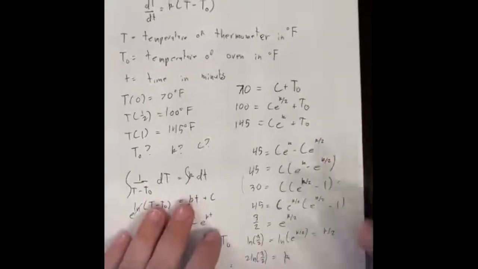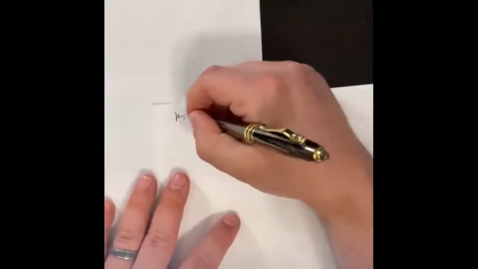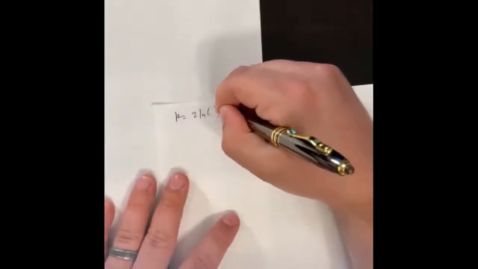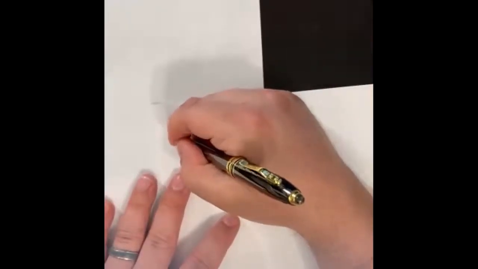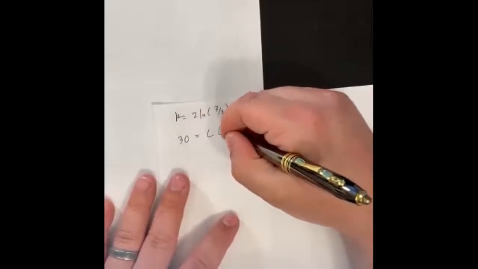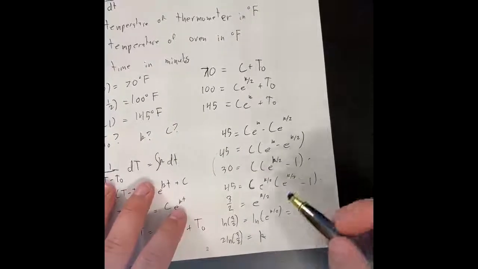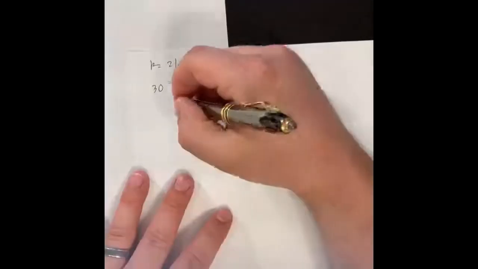Once I know what k is, k equals 2 natural log of 3 halves. And I also know that 30 equals c times e to the k over 2 minus 1. So now that I know what k is, let's plug that in.